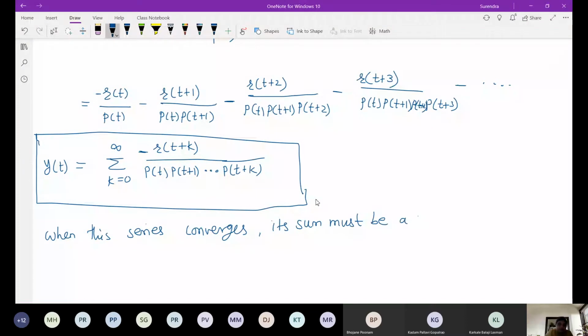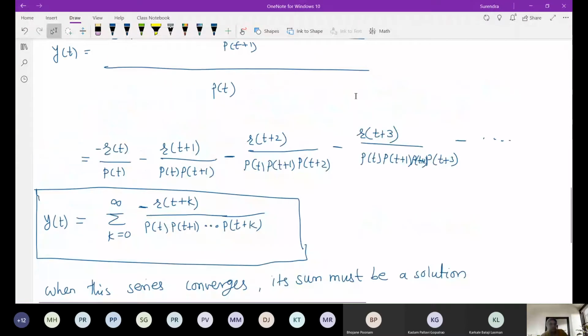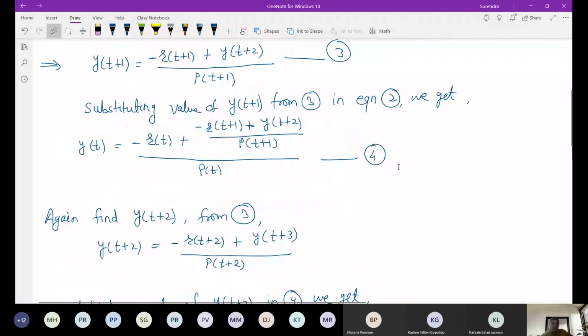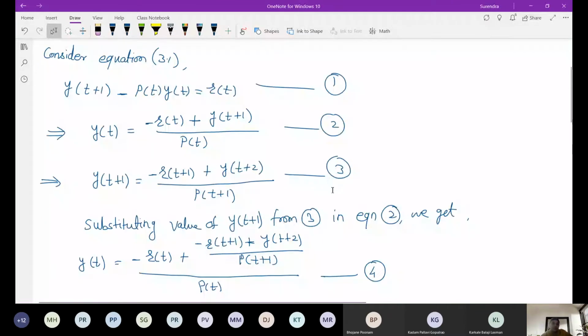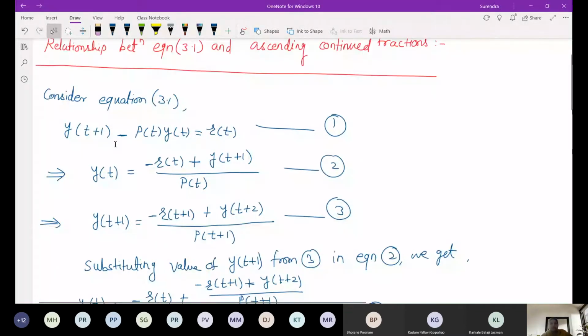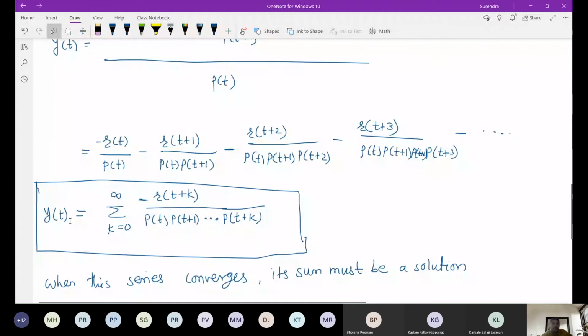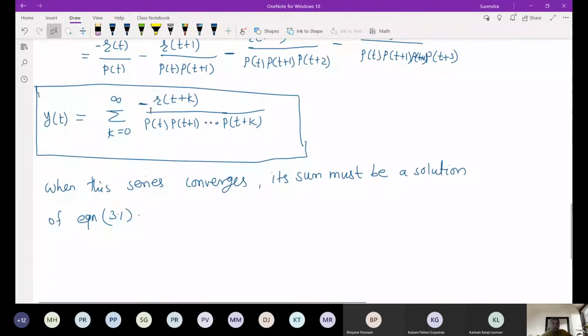Of equation 3.1. We have started from 3.1. We have considered the equation 3.1 and then just did rearrangement by substituting the values of y at t plus 2, y at t plus 3 and so on. We got y t in summation form. And when this infinite series converges, its sum must be a solution of equation 3.1. Is that okay?